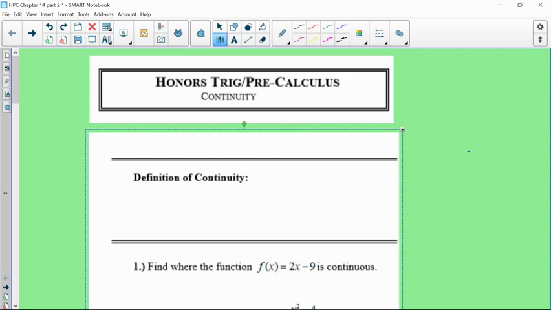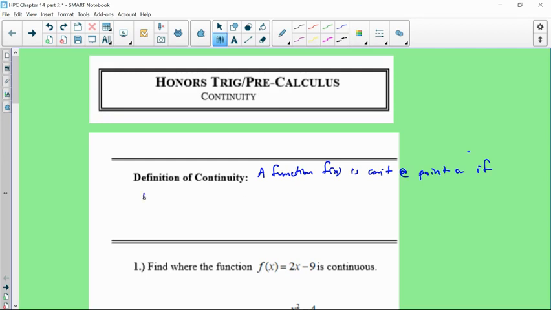So the formal definition of continuity: we'd say a function f of x is continuous at point a if the following three things hold.